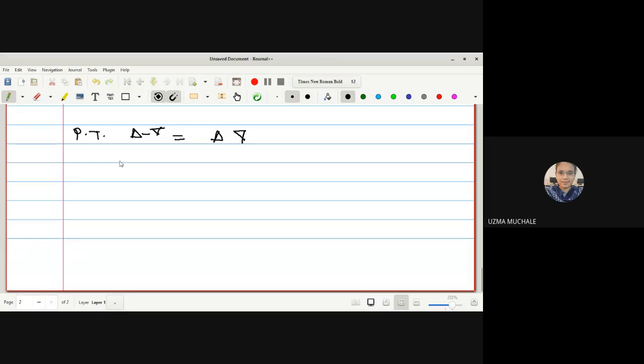Let us consider LHS, which is forward minus backward, equal to e minus 1 minus 1 minus e raised to minus 1, which is equal to e minus e raised to minus 1. Plus 1 minus 1 get cancelled, no? Sorry, it will be minus 2. Minus 1 minus 1 is minus 2.